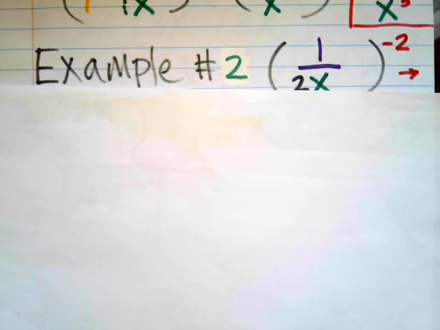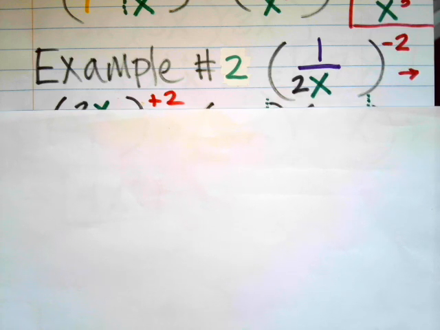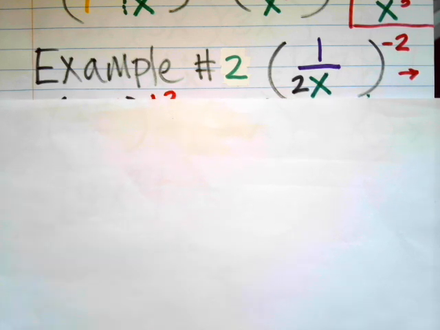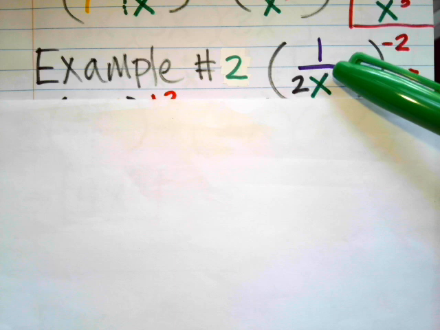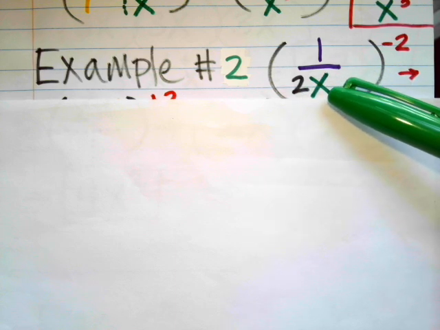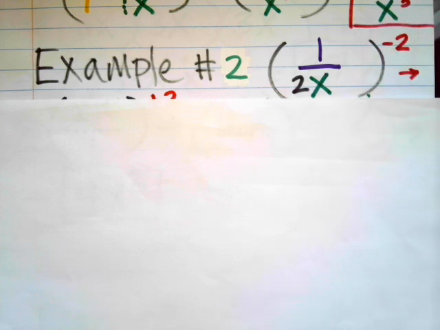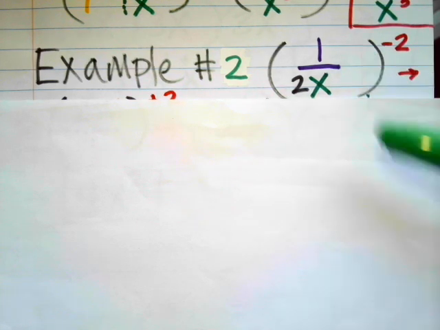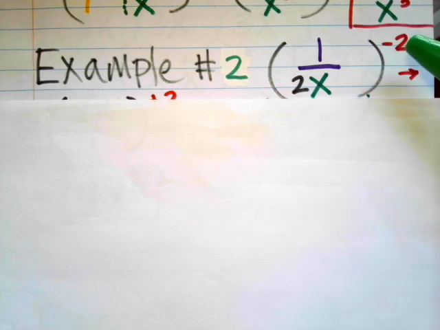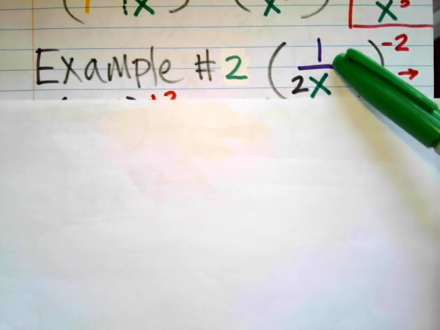Let's take a look at example number 2. I have 1 over 2x raised to the power of a negative 2. In order to change this negative to positive, the rule is, and I will create a video later that specifically goes over this rule, you want to flip this fraction.